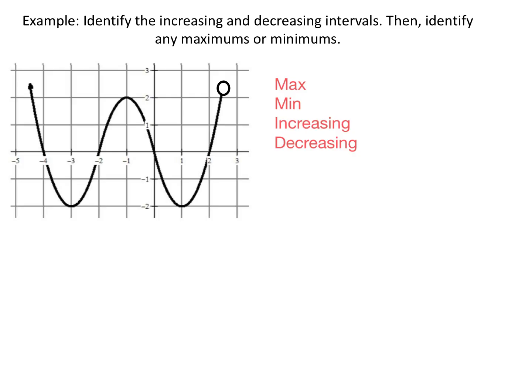This example has multiple intervals, but it's the same procedure. I start by saying I'm going downhill until I hit -3. So from negative infinity to -3, I'm decreasing. Then I start going uphill.